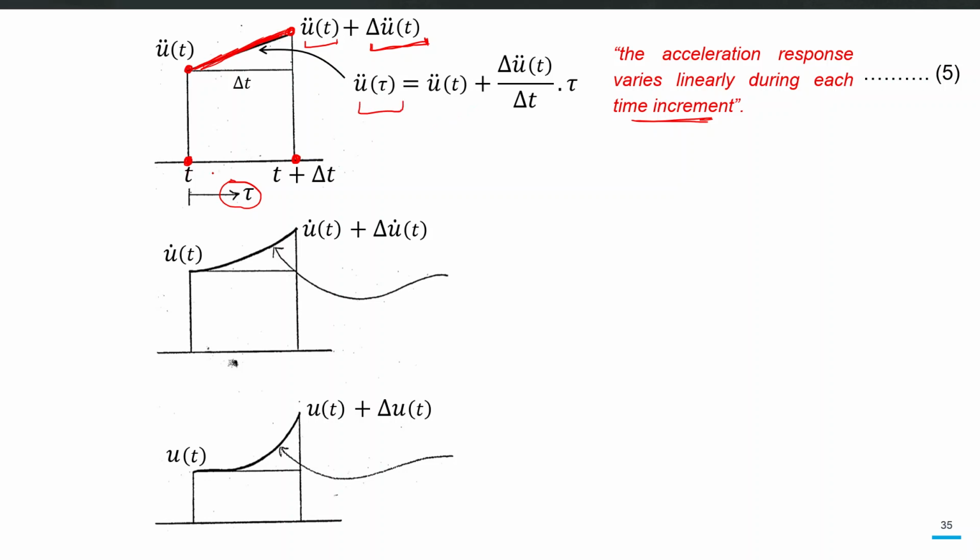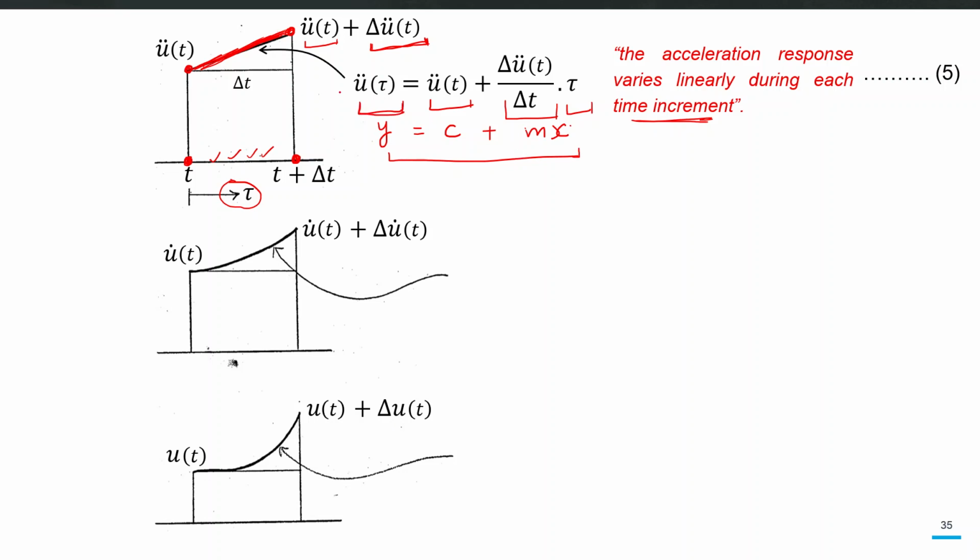At any tau between t and t plus delta t, we can write u double dot of tau as the starting value of acceleration, u double dot of t, plus the slope of the straight line multiplied by tau. Basically it is saying y is equal to mx plus c, the equation of a straight line.